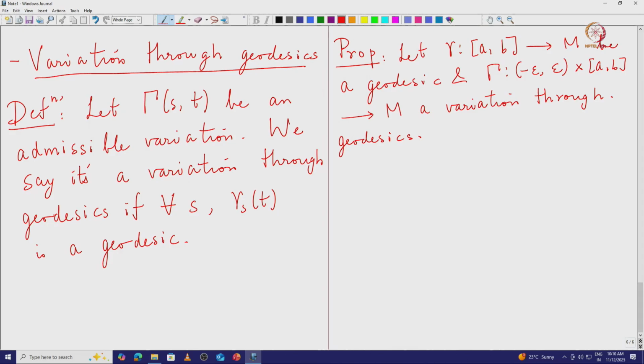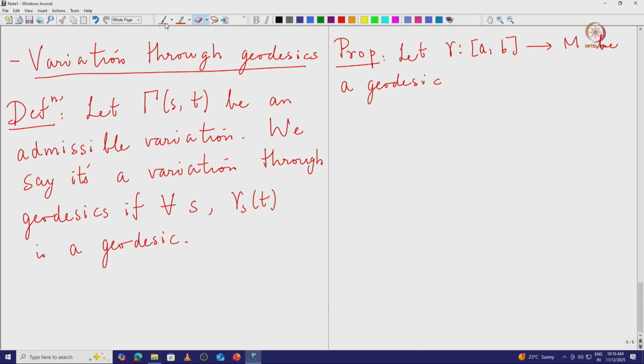So then the characterization of Jacobi fields is the following.